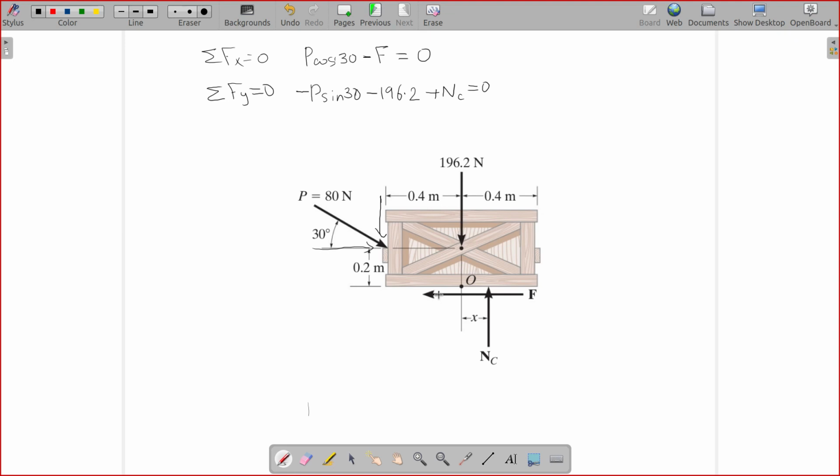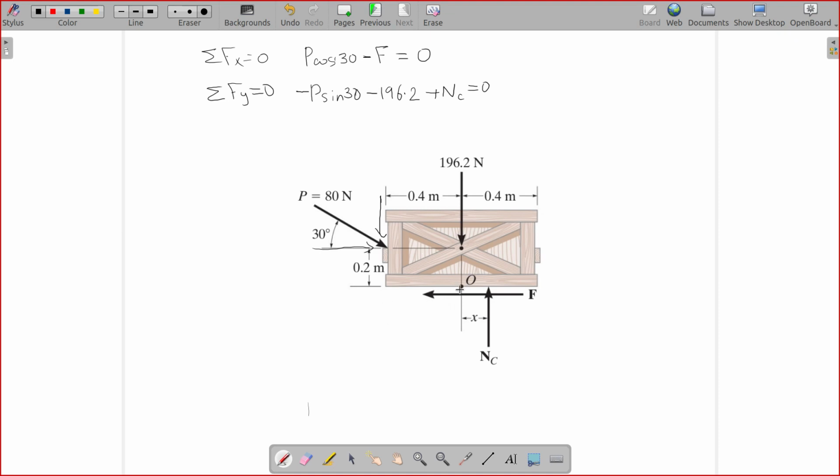So you can take the moment about the middle point or any corner point, any convenient point. But I would personally recommend you to take a point through which a large number of external forces are passing. Because if you choose a point through which an external force is passing, the moment due to that force will be 0.